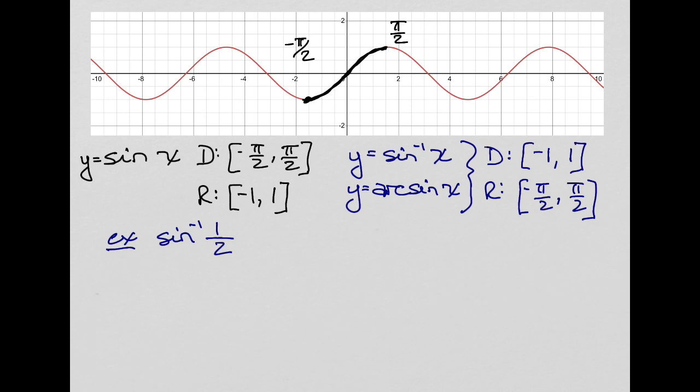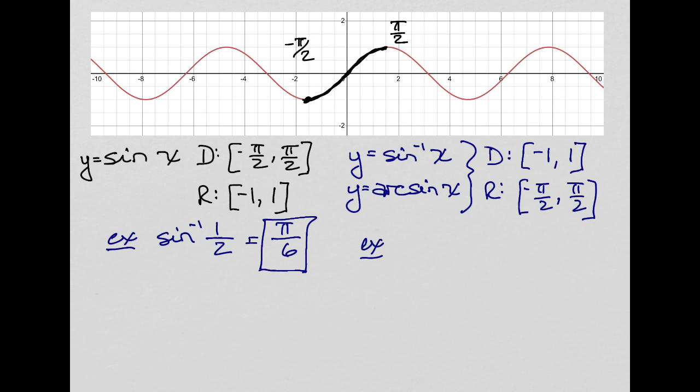You can actually use the unit circle for this. You're reading it kind of backwards or inside out. I'm looking for a sine value, a second coordinate of 1/2, between -pi/2 and +pi/2, and that happens at pi/6. So sine of pi/6 is 1/2. The inverse sine of 1/2 is pi/6.